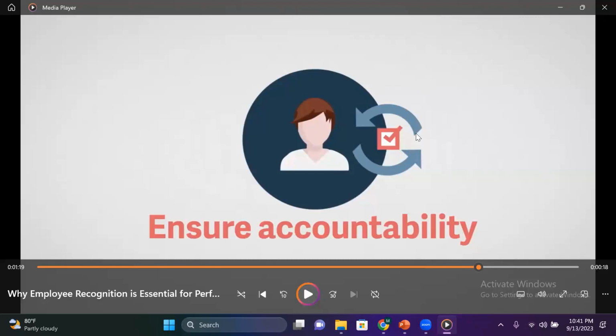He should know what to do, and he should take responsibility for what he has done. Once performance management is done, normally in a performance evaluation, we clearly explain the role that you need to do, because the job description is clearly given to the employees.